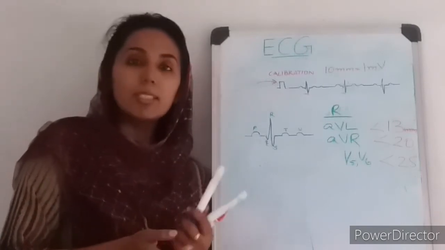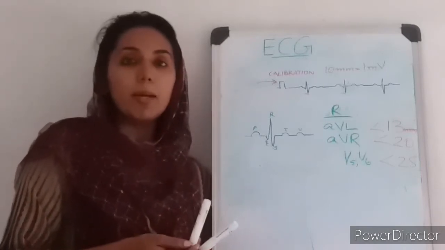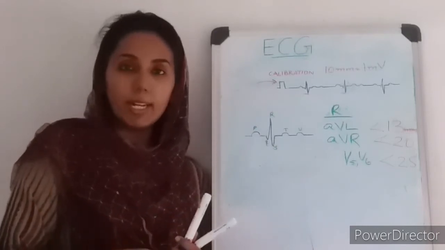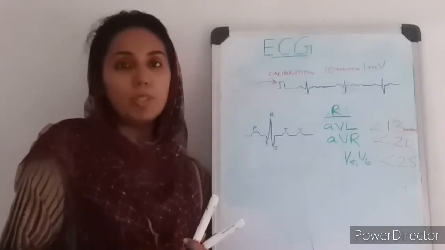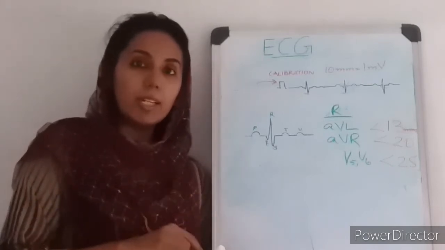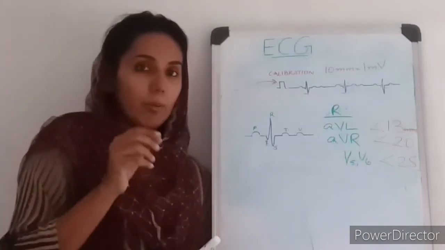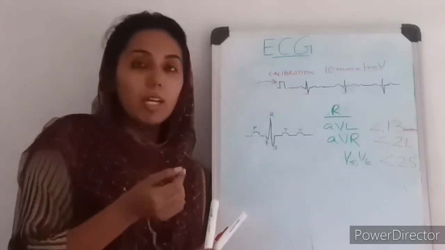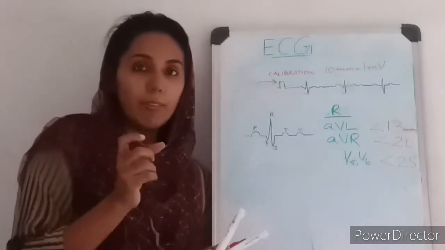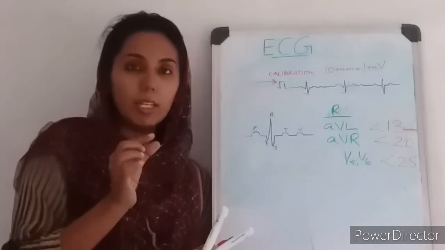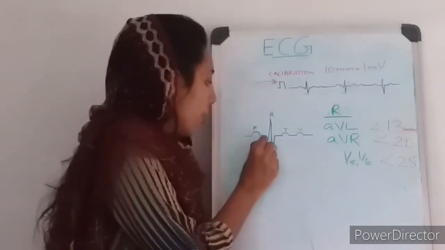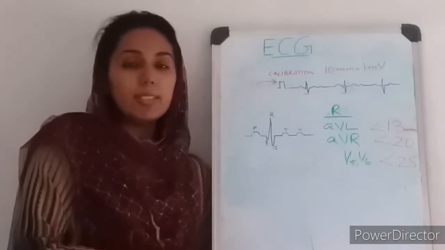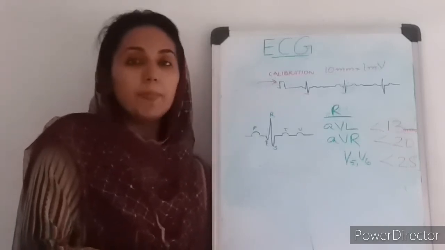A wide QRS is seen in many conditions, for example bundle branch block, ventricular tachycardia, Torsades de pointes, WPW syndrome, etc. So when you get an ECG in an MCQ, please see how many boxes it covers, for ease of answering the question. See whether the QRS is wide or not. If you calculate from here to here, it should not cross more than 3 small squares if it is a normal QRS.